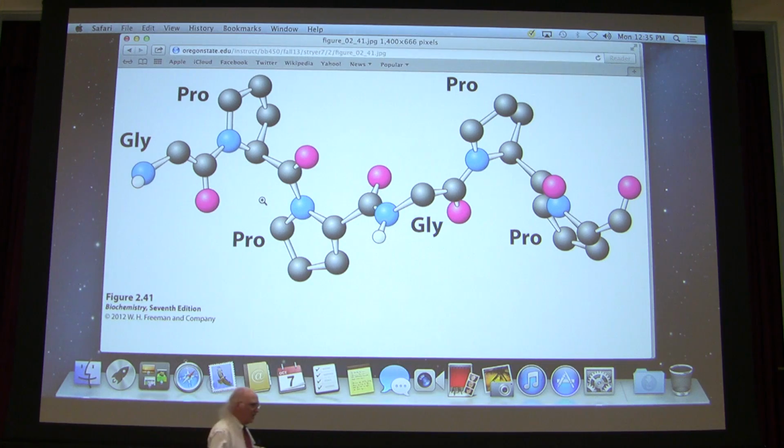Okay? Now, I tell you that because vitamin C, I told you, was necessary to make those hydroxyl groups. If we don't have vitamin C, if we are deficient in vitamin C, we develop a condition known as scurvy. And scurvy is not something you want to experience, because what happens is you literally fall apart. Your collagen is very weak.